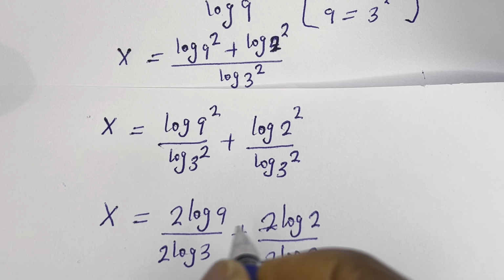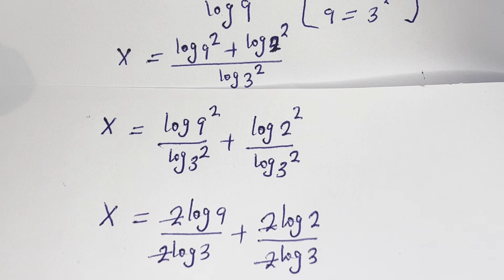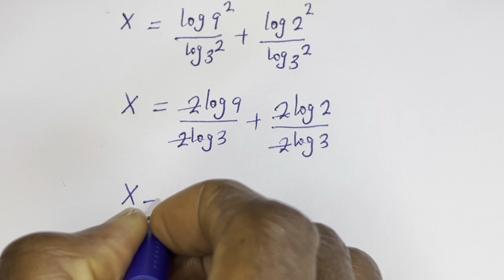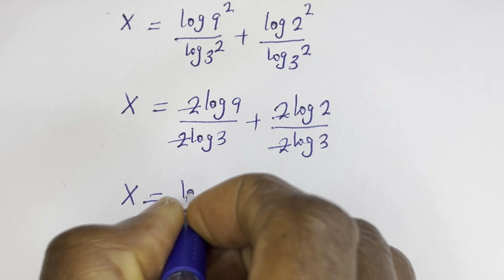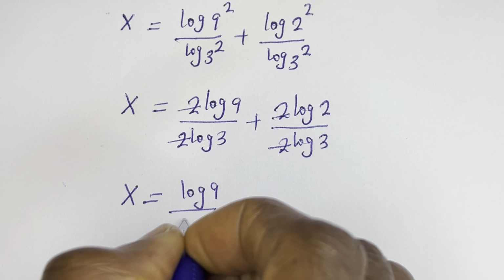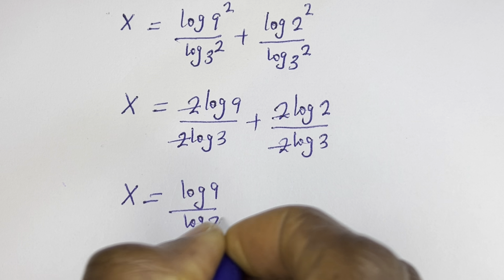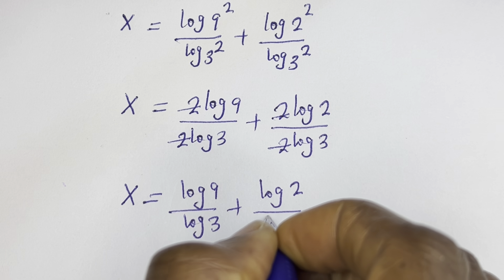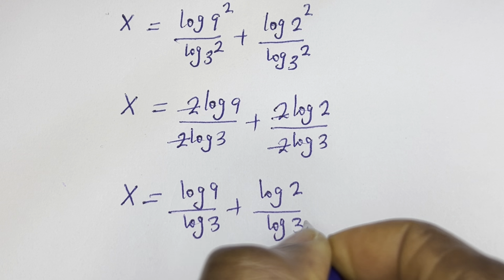This will cancel this, and this will cancel this. x is equal to, this is log 9 divided by log 3 plus log 2 divided by log 3.